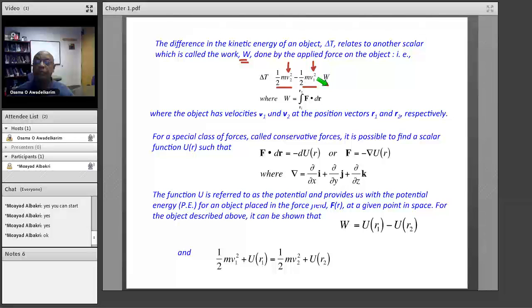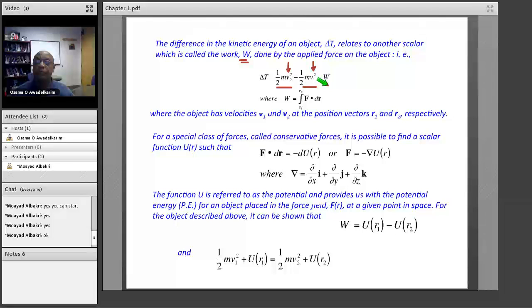So there is a very important relationship between the kinetic energy and the work done by the force. Literally, the increase or decrease in the kinetic energy is equal to the work done by the force, or the work done against the force by the object.